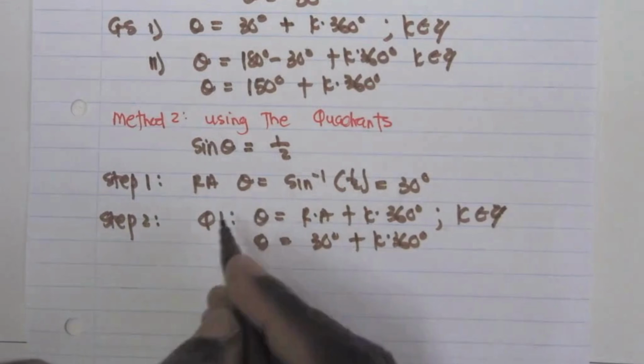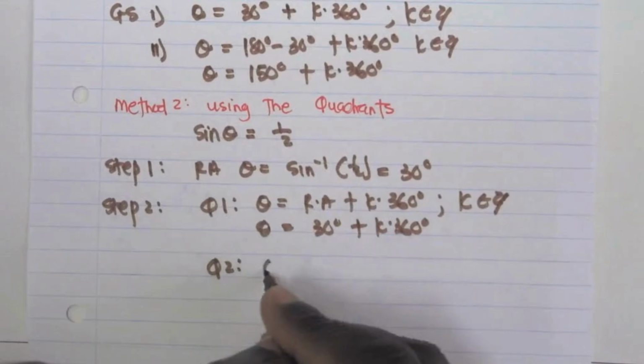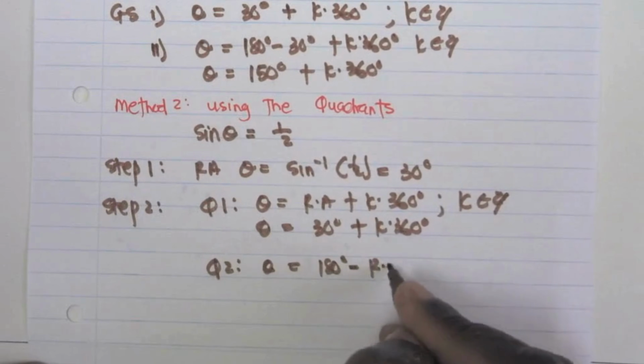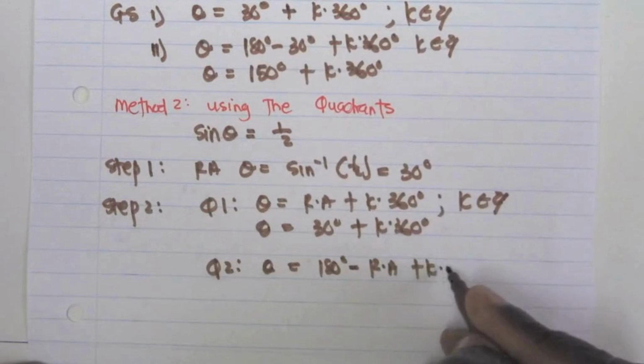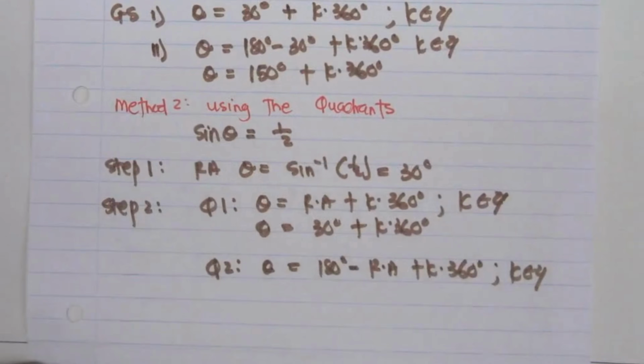Sine is also positive in the second quadrant. So I'm going to write here theta is equal to 180 degrees minus the reference angle plus k of 360 degrees, where k is an element of integers.